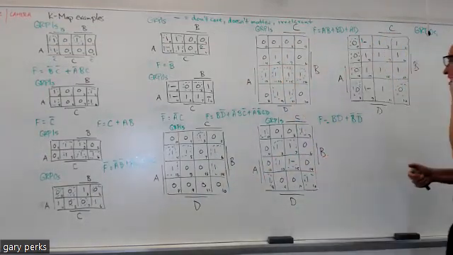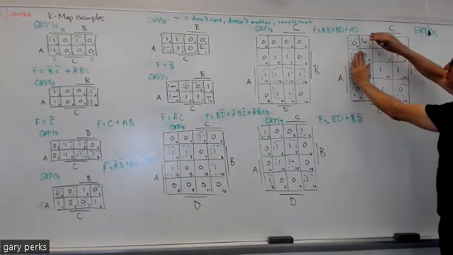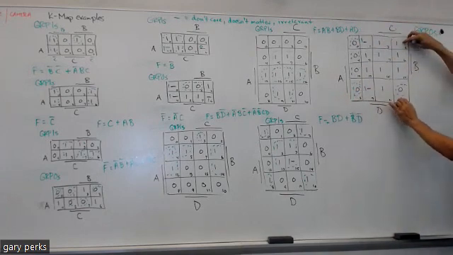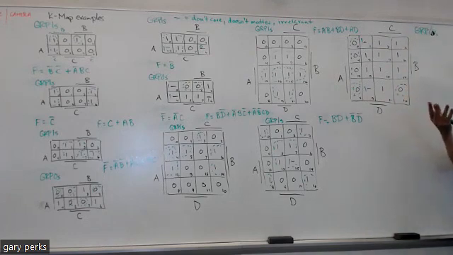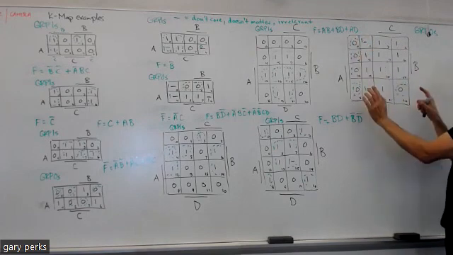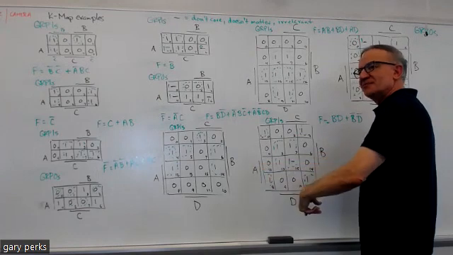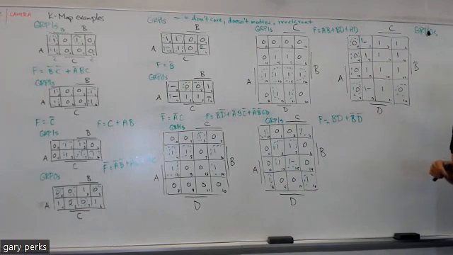Because they're diagonal, it wouldn't work. But if these were ones, you could still group this as 2, or you could group 2 and 10, because those are rectangular. You couldn't do 0 and 10 as a 2 grouping diagonal, because it's not unit distance. But that's a good question.